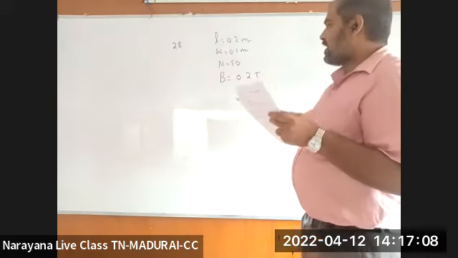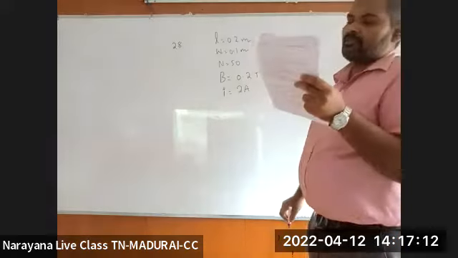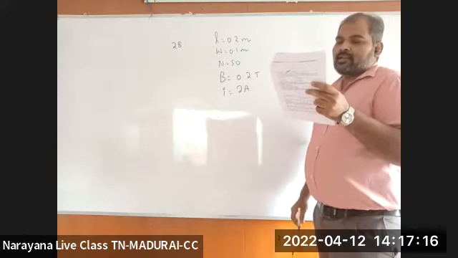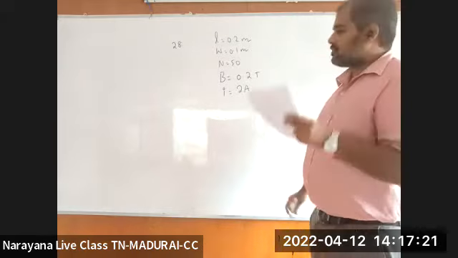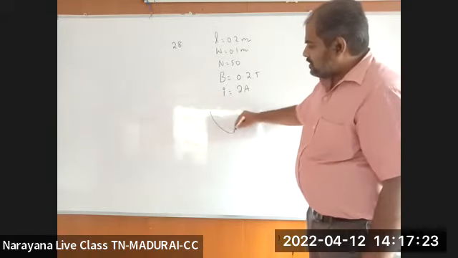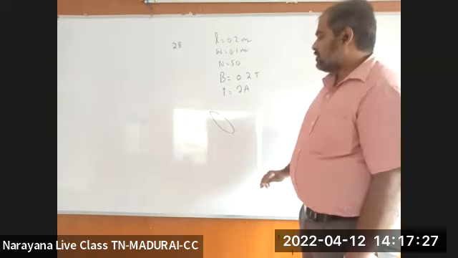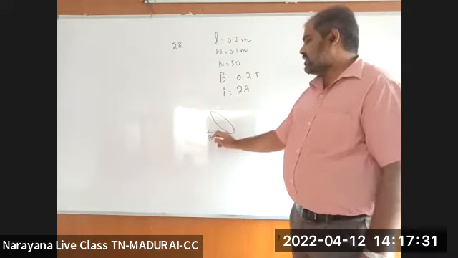The coil carries 2 amperes of current. If the plane of the coil is inclined at an angle of 30 degrees with the direction of the field, this is the plane of the coil with the magnetic field. How much angle is it tilted?